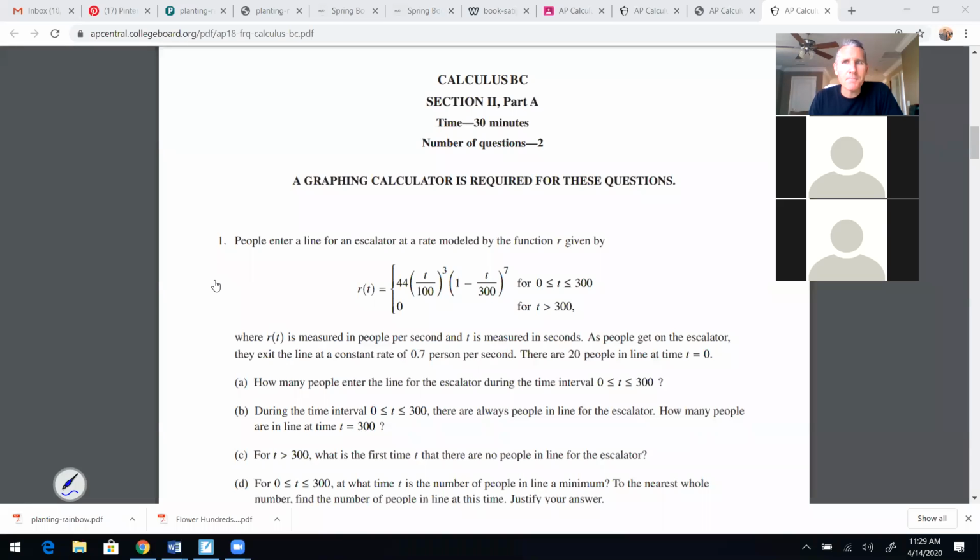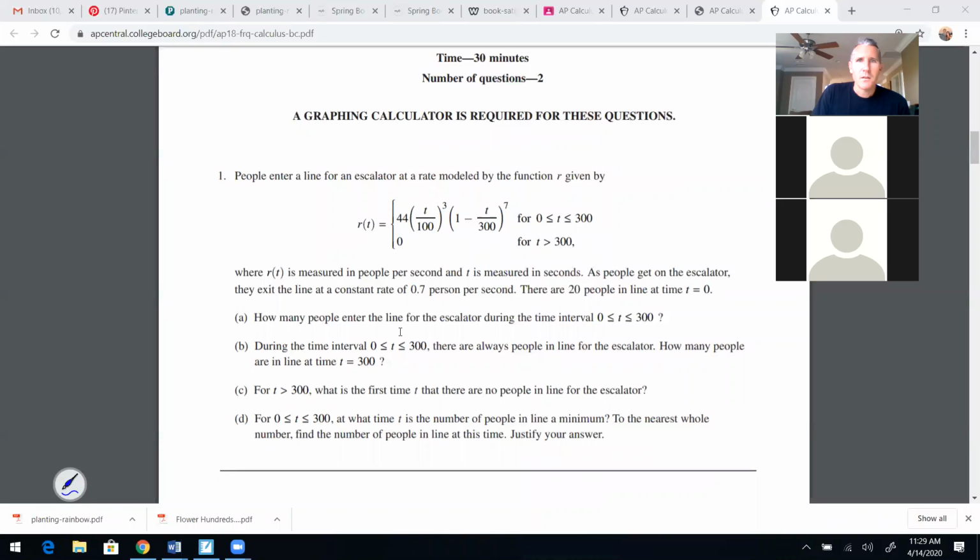I also think a very common problem is what I consider the leaky bathtub problem, where you have the rate at which something is coming in and then the rate at which something is exiting. So you have to take all that into account. I think those are two of the main concepts. Another main concept is using a table.